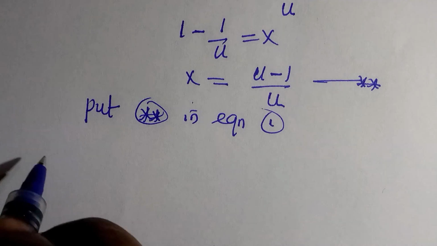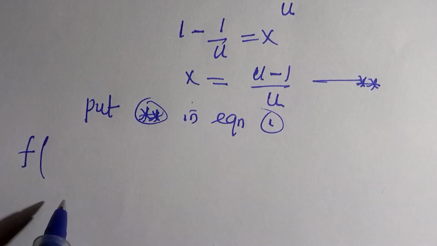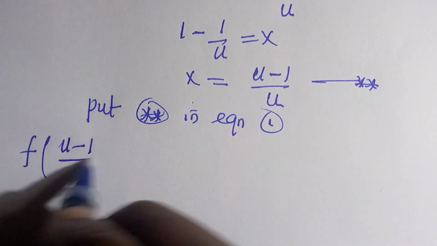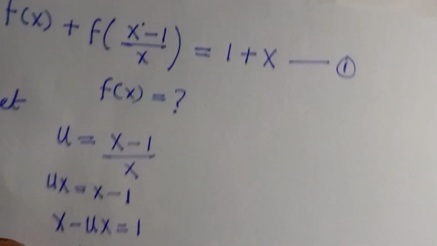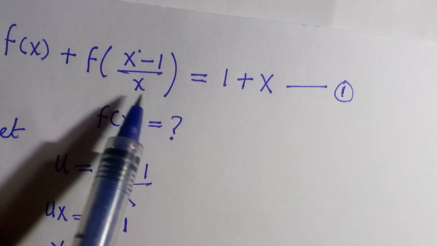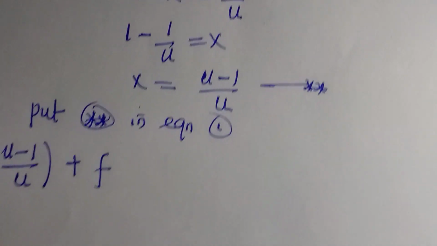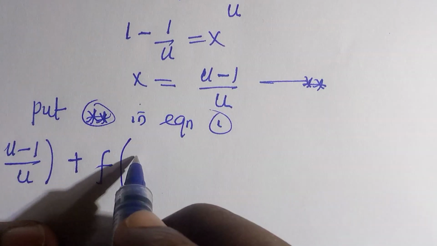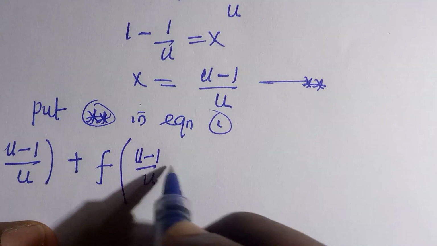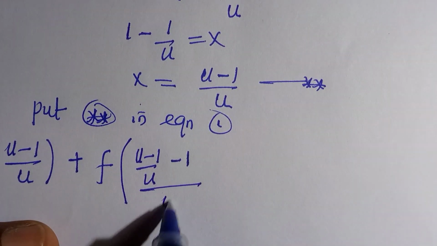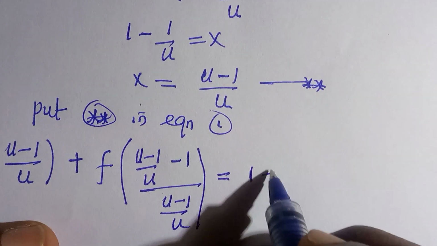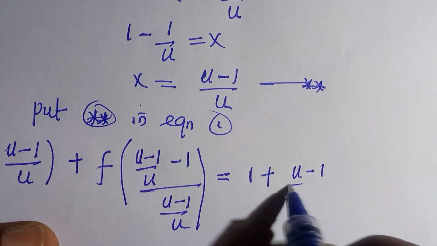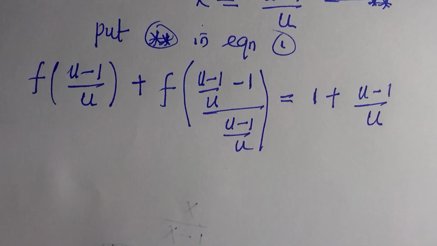Then we have f of u minus 1 divided by u plus f of, but here in equation 1, I have f of x minus 1 divided by x, which means anywhere we have x, I replace it with u minus 1 divided by u, then minus 1 divided by u, and everything equals 1 plus x above in equation 1, that is u minus 1 divided by u.